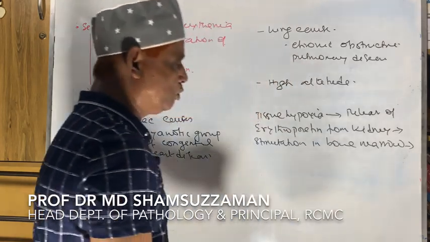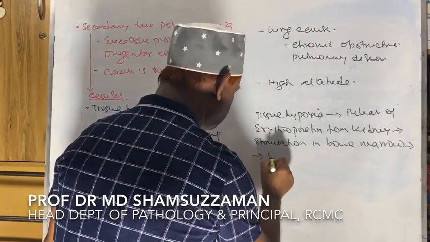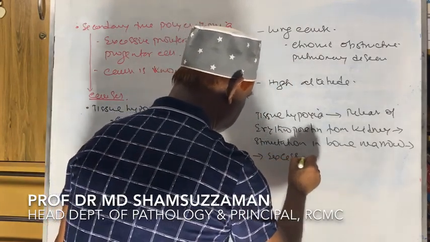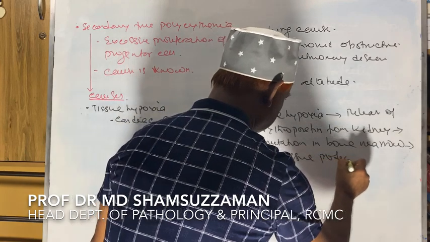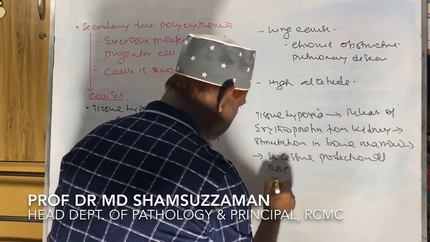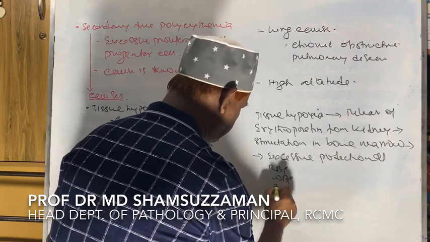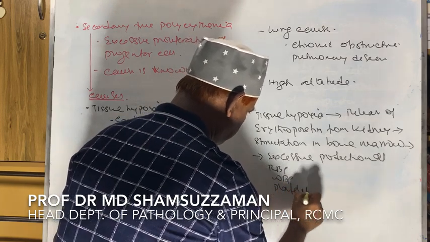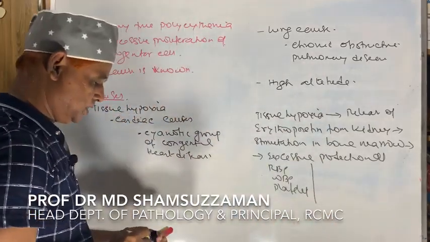As stimulation in bone marrow, there is excessive production of RBC, WBC, and platelet. And this is nothing but polycythemia.